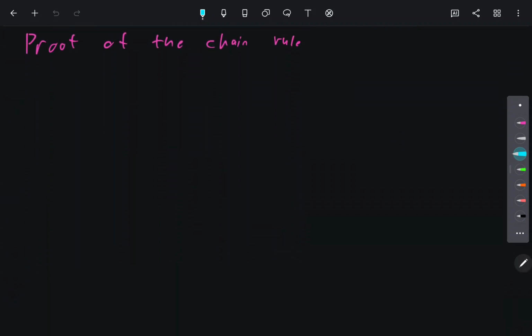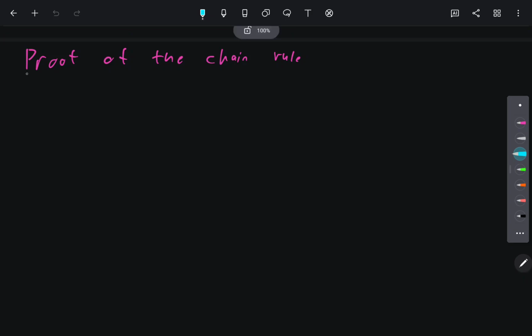Alright, now time for the hard part of this video, which is proving the chain rule. So we're going to start out, we're going to define a change in y. So y is equal to f of x. That's our first starting point. And this change in y is going to be defined as f of a plus change in x, minus f of a.